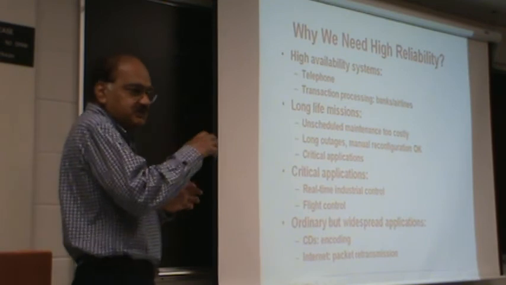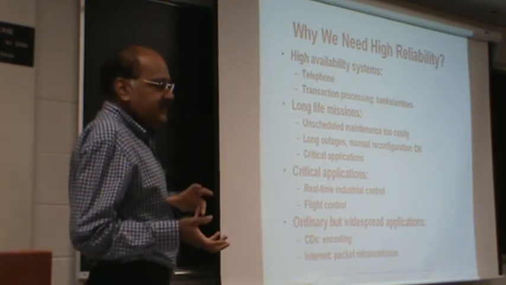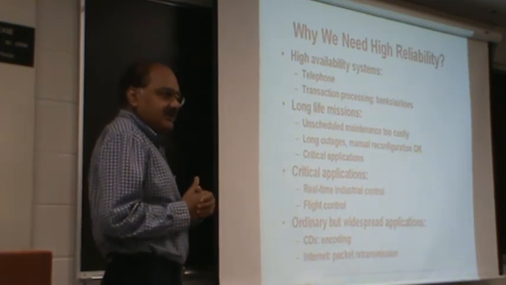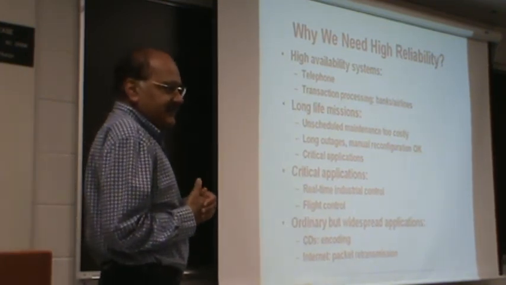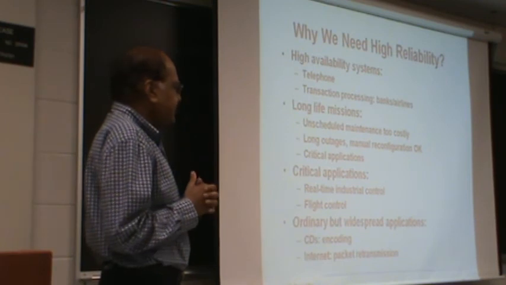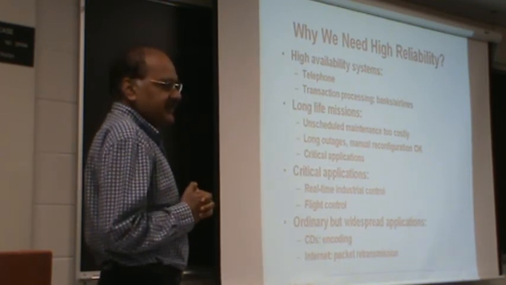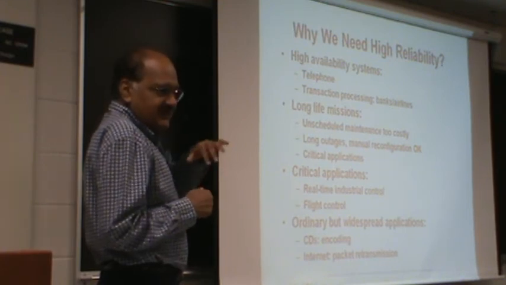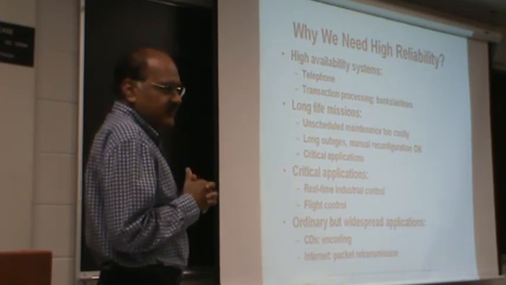For example, the space missions. You have your spacecraft going to Mars, and it has traveled for maybe a few years or a few months. I forget how long it takes to get there. But any maintenance along the way is, of course, out of the question.